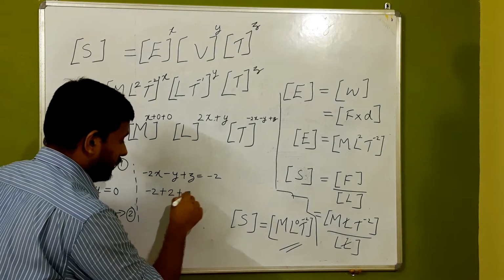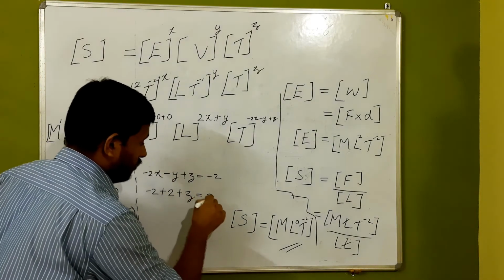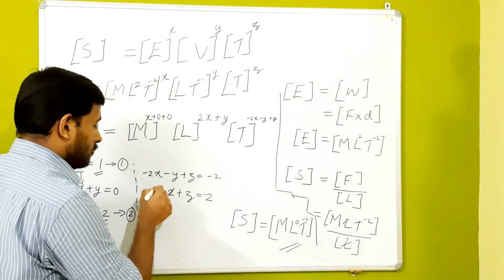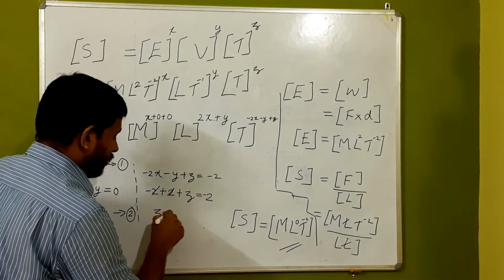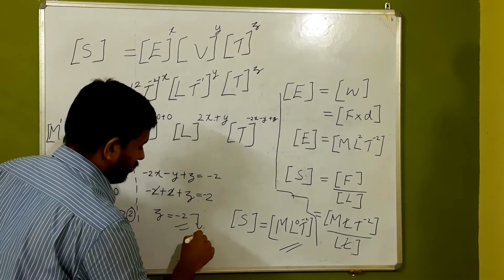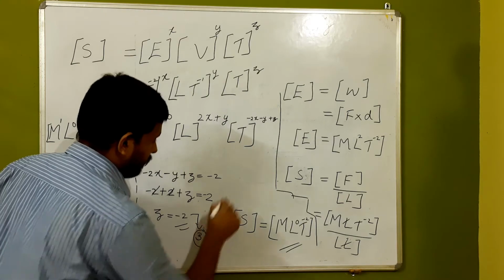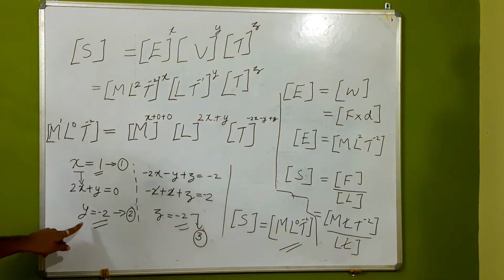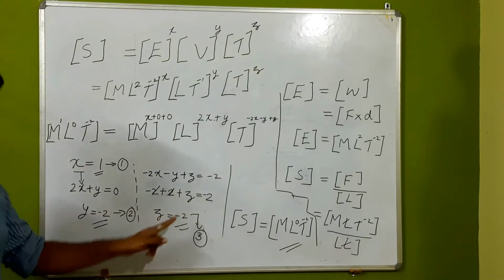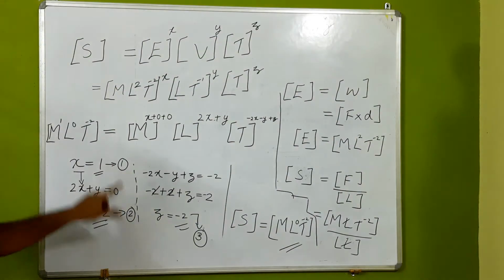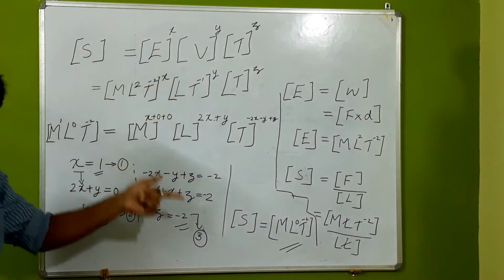Plus z is equal to minus 2. So this plus 2 and minus 2 cancel, and the value of z is minus 2. This is equation number 3. So here we get x is equal to 1, y is equal to minus 2, and z is equal to minus 2. So putting these three values here, we will get the answer.